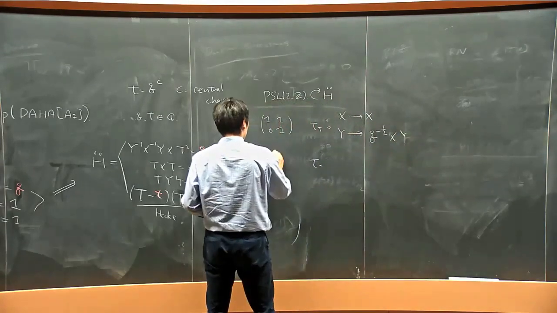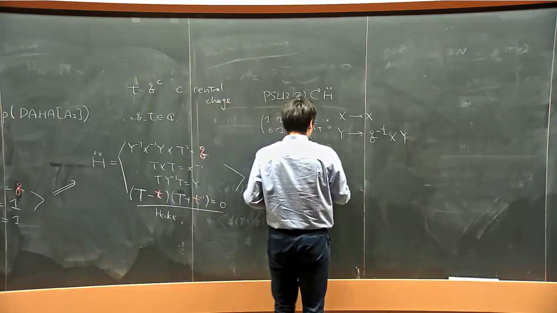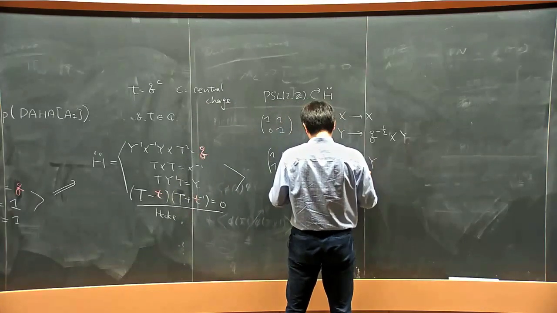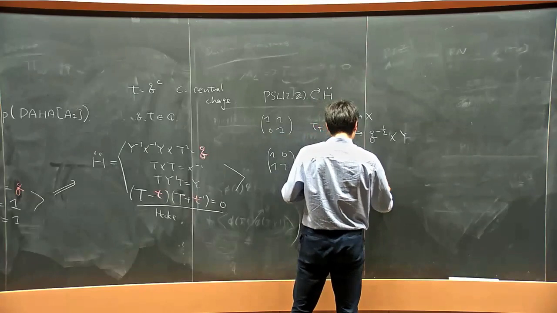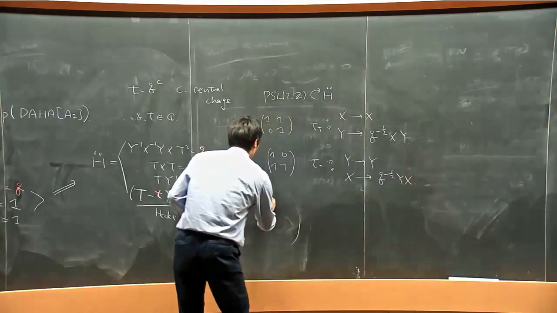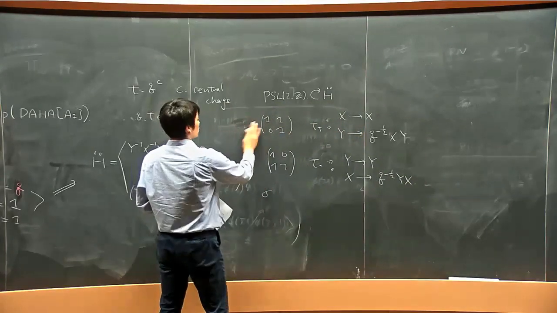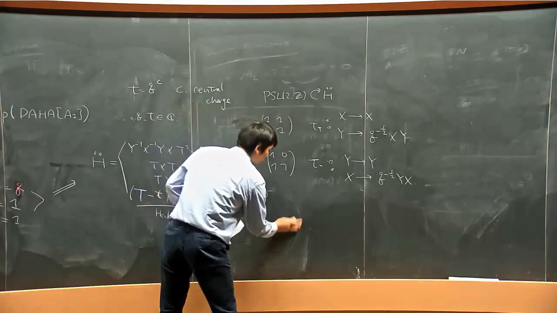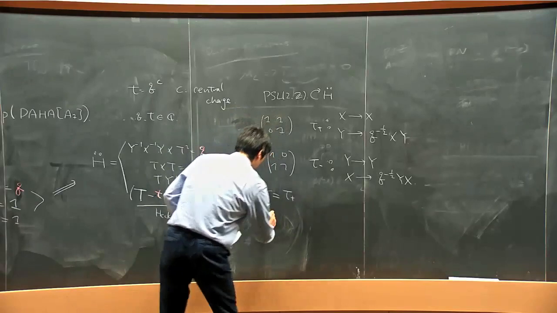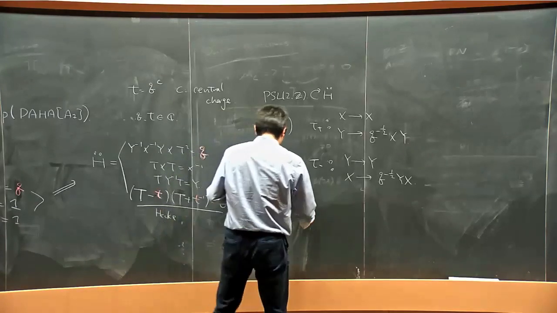And also tau minus, which corresponds to 1011, which generates the PSL2Z, y stays the same, and x is mapped to q to the minus 1 half yx. And sigma, so this is kind of the T transformation. I don't want to use the T transformation. The corresponding element for S, I call it sigma, which is 1 minus 1, 0, 0.